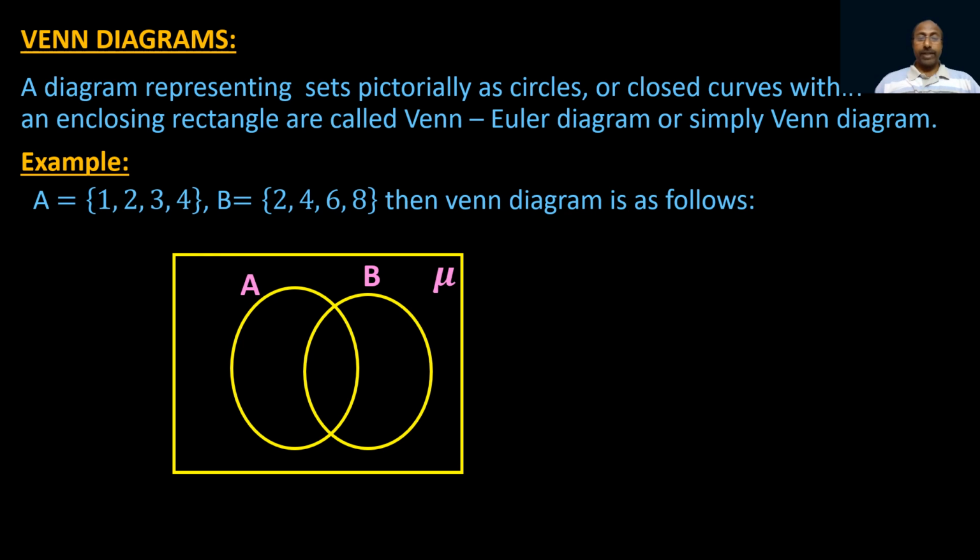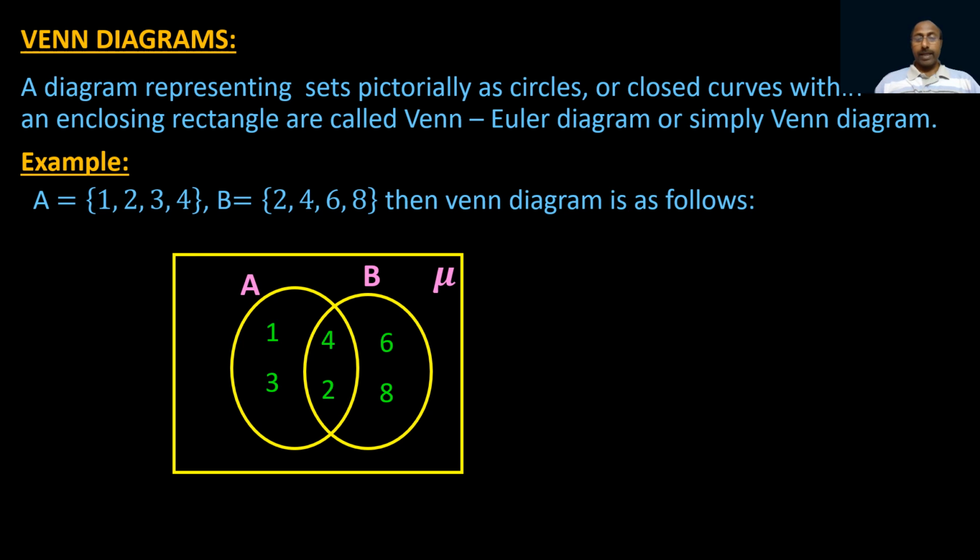And first we mark the elements 2 and 4 in this common area, because the elements 2 and 4 are common elements in both A and B, and the remaining elements in A are 1 and 3. So we mark the elements 1 and 3 like this, and the remaining elements of B are 6 and 8.